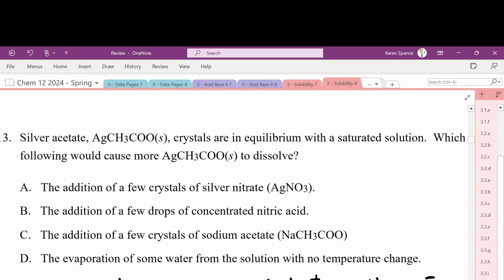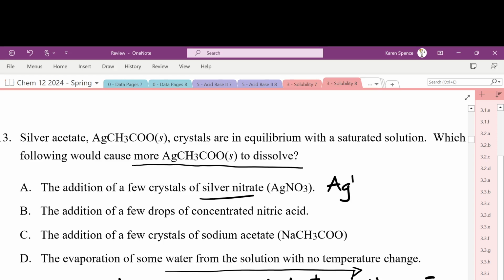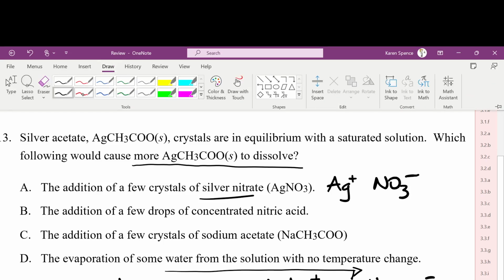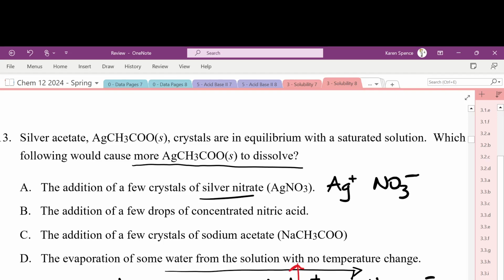So you want to take a look at this equilibrium and you want to say what will shift this equilibrium to the right, because that will cause more of it to dissolve. So will we be able to make more dissolve if we add silver nitrate, which gives me silver ions and nitrate ions? If we increase the concentration of silver, which way does the equilibrium shift? To the left. Is that what we wanted? No. Okay. So not this one here.